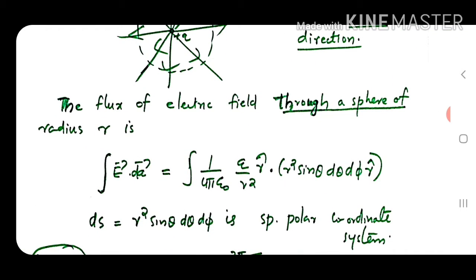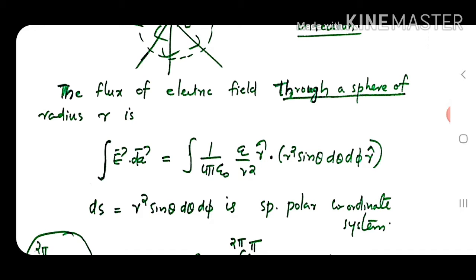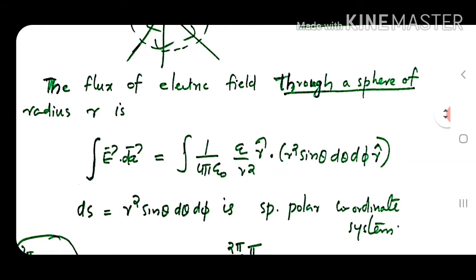So the area element dA or ds is r square sine theta d theta d phi r-hat. This is the area of a small element considered on the sphere of radius r. We substitute that here.